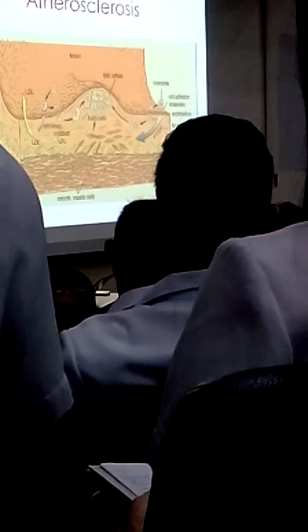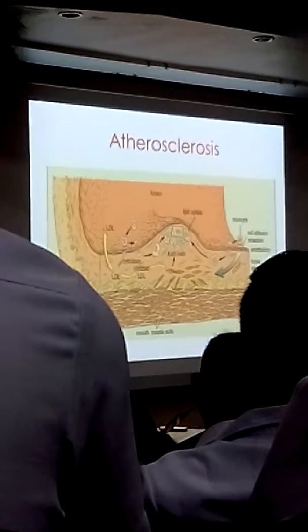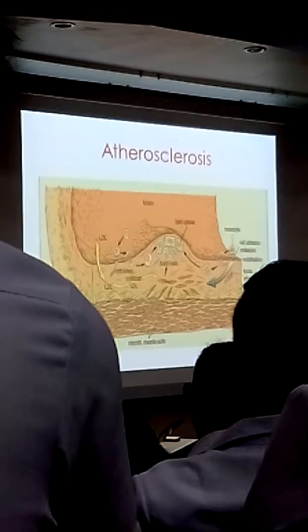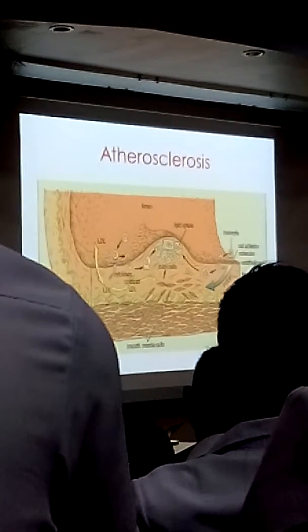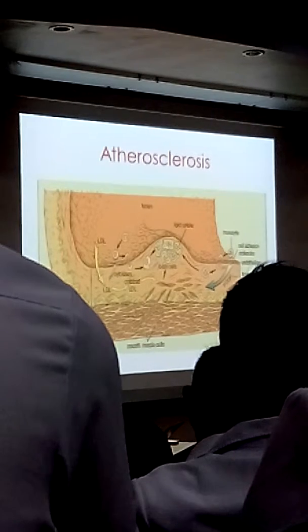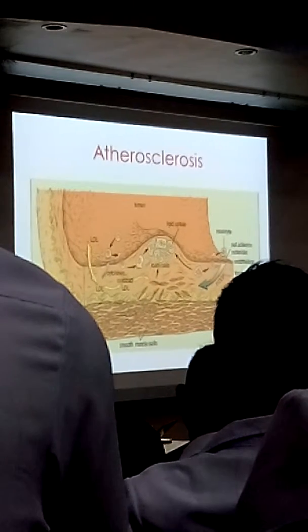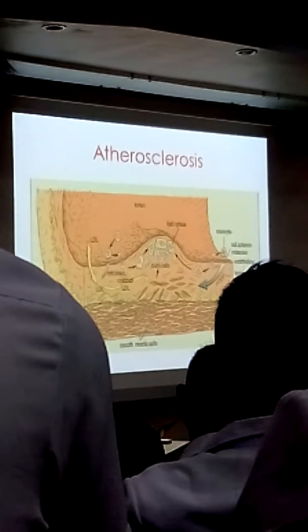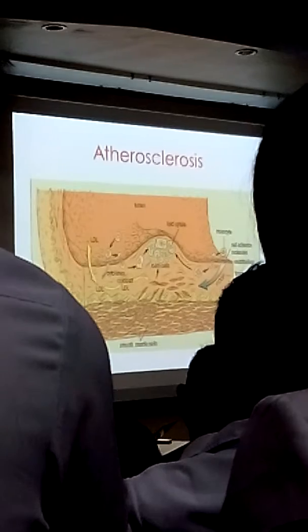So if there is now the development of a thick layer of fibrous connective tissue, with scattered smooth muscle, macrophages, foam cells, T lymphocytes, and deposition of cholesterol crystals, this is now called your atheromatous plaque. So remember those terms.